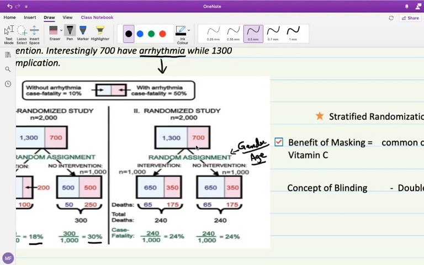So out of these 2000 individuals, we add a bar of gender, and then we add a bar of age, and then we literally subdivide this group into different other parts as well. Okay, so this is called stratified randomization.